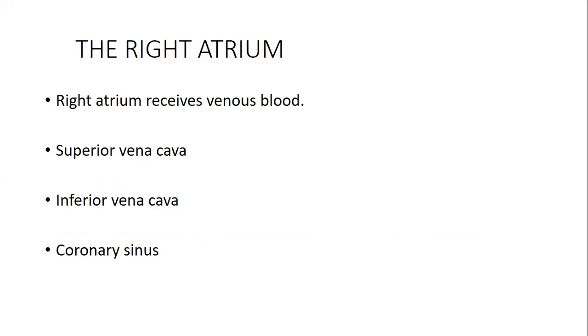So I'll start with the right atrium. Physiologically, the right atrium receives venous blood from four inlets. One of them is the coronary sinus, that is the venous blood from the myocardium. It also receives blood from the upper part of the body, that is from the superior vena cava.